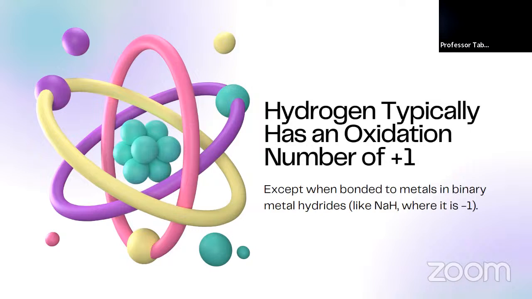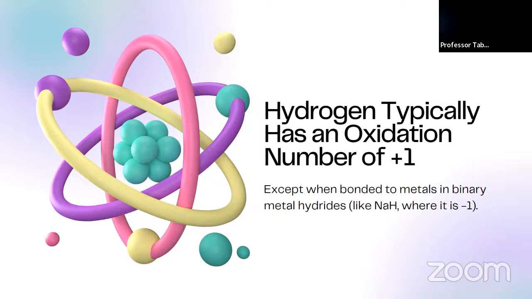So now, hydrogen typically has an oxidation number of +1, except when bonded to metals in binary metal hydrides. So in other words, if you're bonding sodium, which has a +1 charge, with hydrogen, which has a +1 charge, and you combine those two together, hydrogen will have a -1 in this particular example, okay?